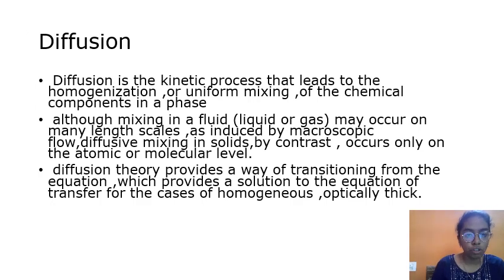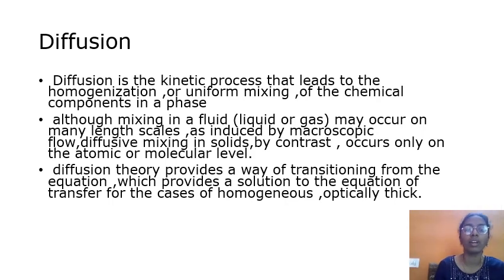Diffusion is a kinetic process that leads to the homogenization or uniform mixing of the chemical components in a phase. So I would like to explain what is meant by diffusion first, and then diffusion current.